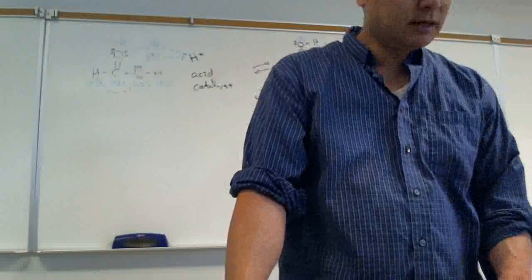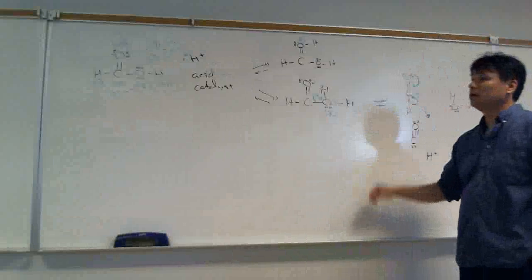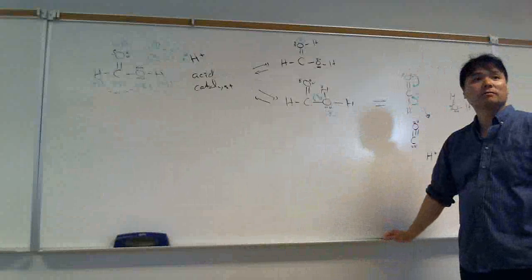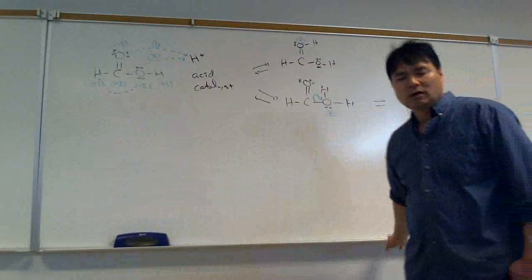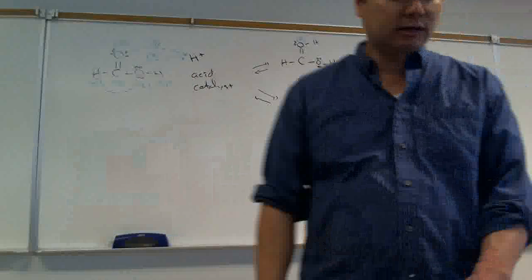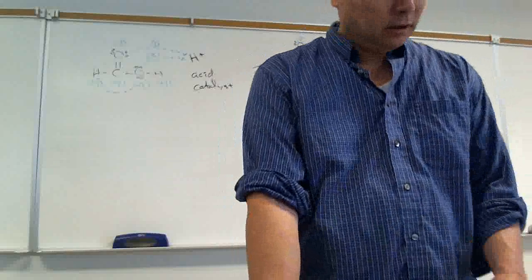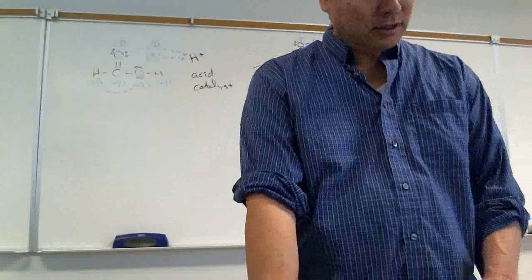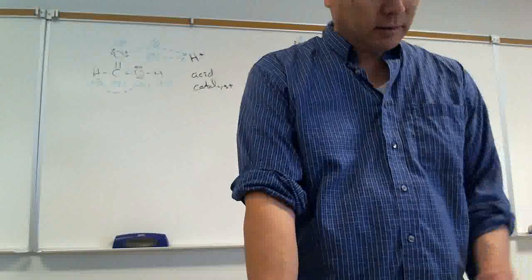But by knowing mechanisms like this, you can make a lot of predictions about what the potential products of the reaction might be, just based on what are likely rearrangements of the electrons. Okay, that was the last part of chapter 14 I wanted to talk about.